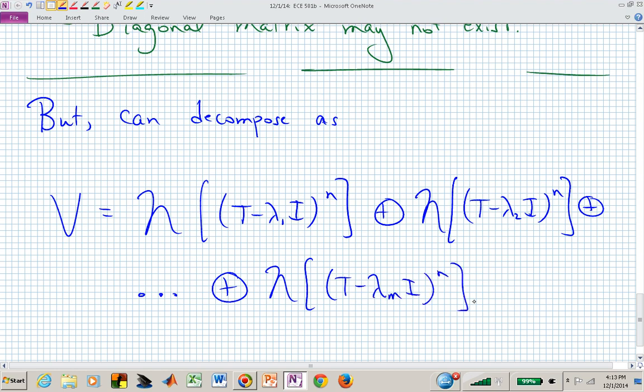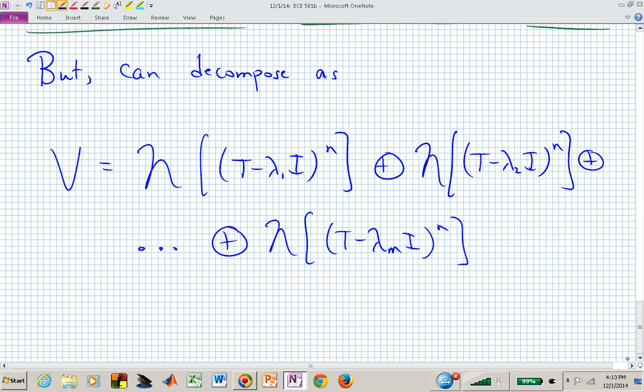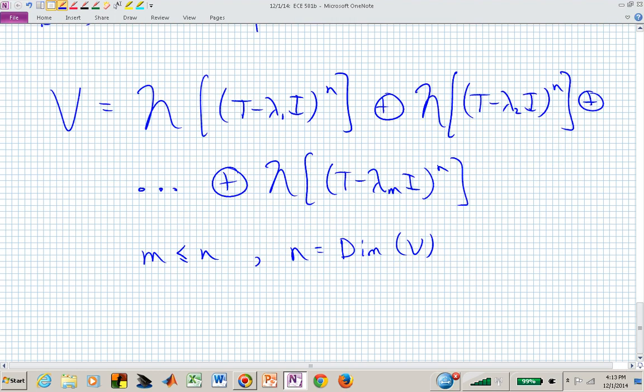And note that I am making a distinction between lowercase m, or Michigan, and lowercase n, Nevada. Here I'm saying that m is less than or equal to n, and n, Nevada, is what I'm assuming our vector space dimension is equal to.